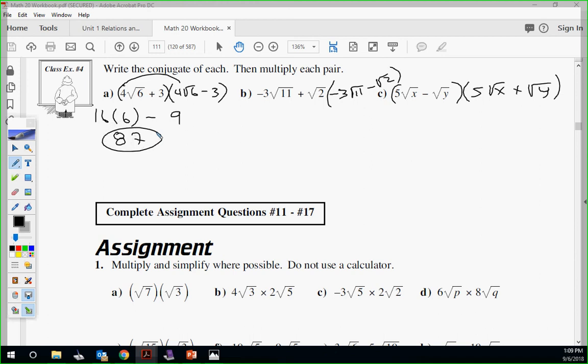Okay, part B. Negative 3 times negative 3 is 9, with an 11 root, just minus 2. So we get 97, good. Last one's going to have variables in the answer, that's okay. 25x minus y. That's all you can do, right? 5 times 5, 25. Root x times root x, x. Negative root y times root y is just y. Okay, that's all for lesson 3.